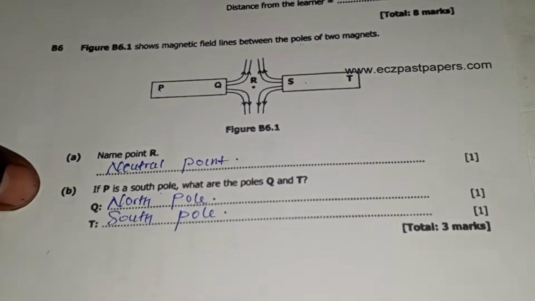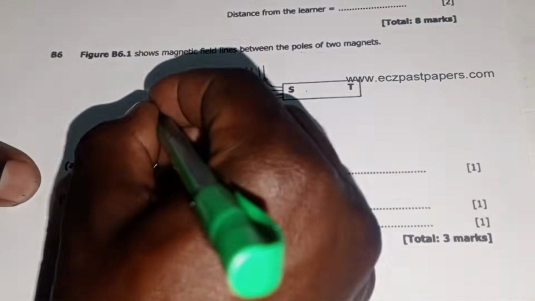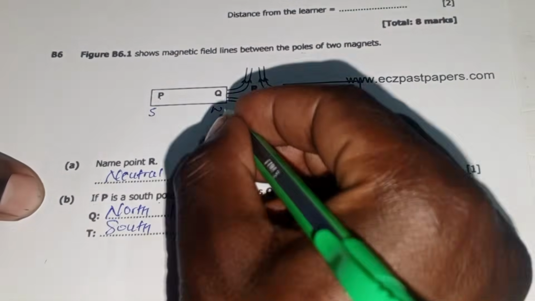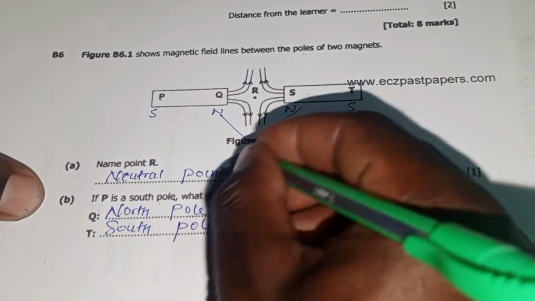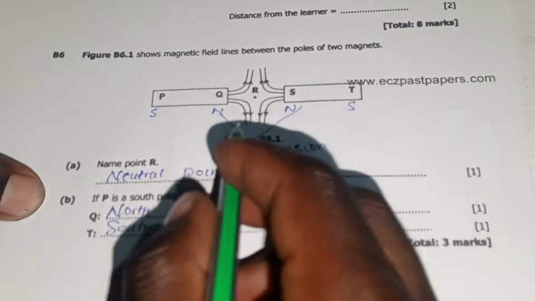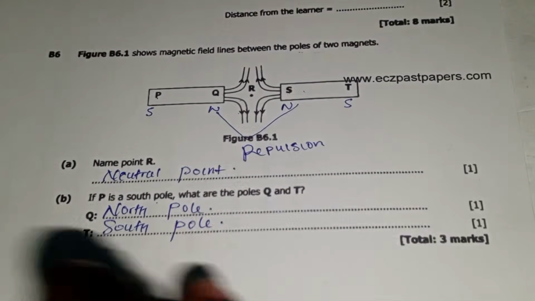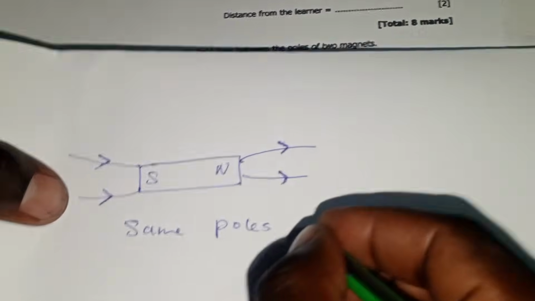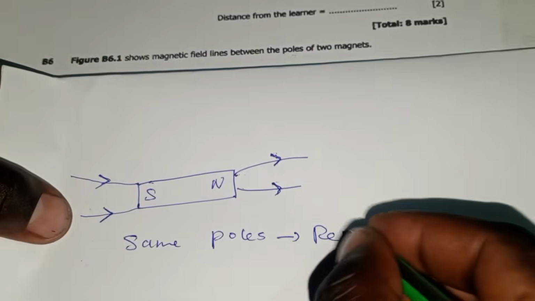From here we can conclude that this one is a south pole, then this is a north pole, then this is also a north pole, and this is a south pole. That's the reason why we are having repulsion here, because these magnets have the same poles. You always need to remember this: same poles repel.